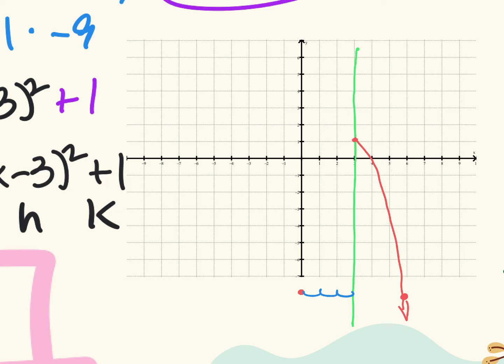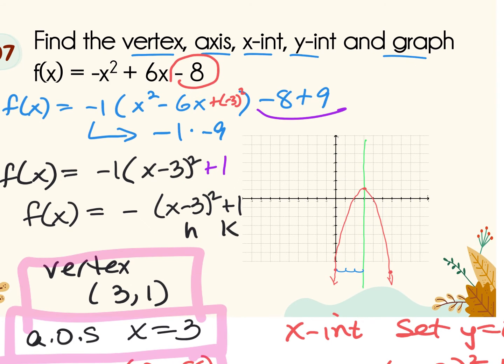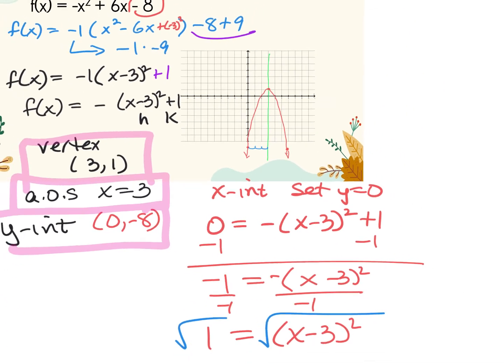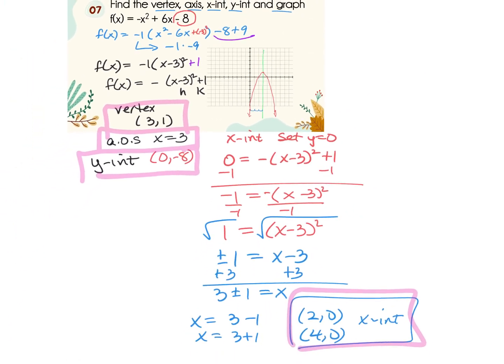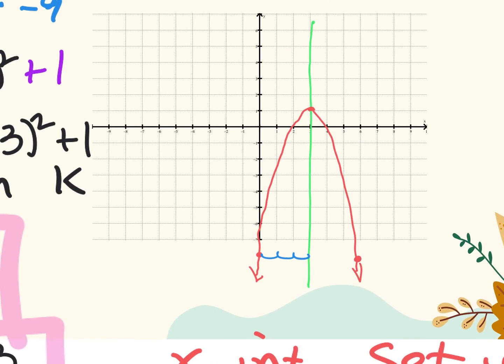And then come over here as well. And there's your parabola. Notice the negative in front of x squared in the original problem indicated that it was going to be a reflection. Again, notice my x-intercepts that I got here, these 2 ordered pairs, (2, 0) and (4, 0), were actually where my graph touched.